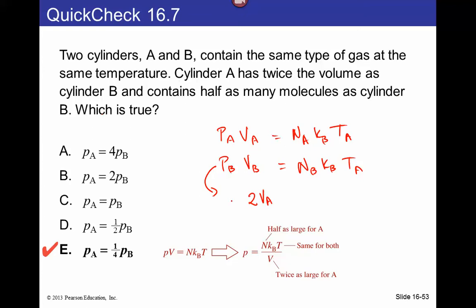So then you're going to get PA times 2VB is equal to 1/2 NB kB TA. When you solve for PA here, you can get that these two and this give you the 1/4 that is here. All right, thank you.